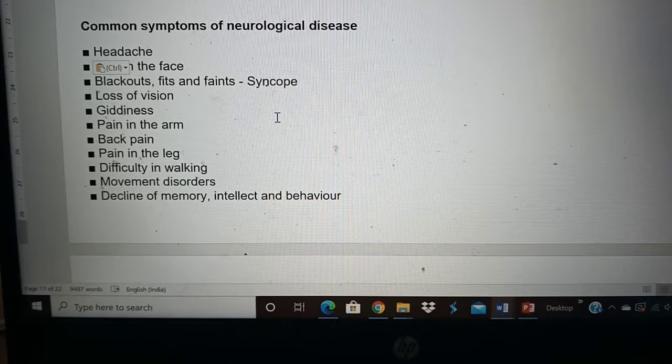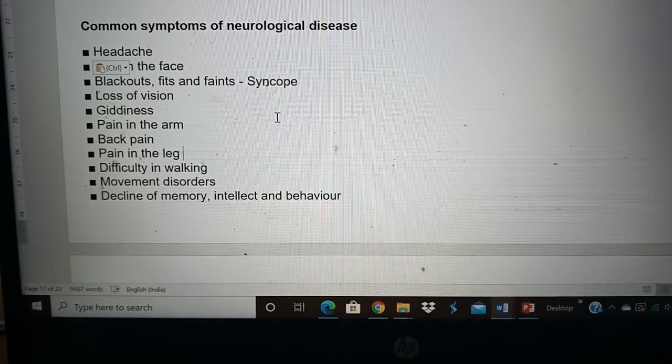So if the cerebrum gets damaged, the corresponding area which has a particular function will also be lost. So a person can lose the sense of smell, lose the ability to talk, or lose the ability to move their hands. All these things can happen because of neurological problems.